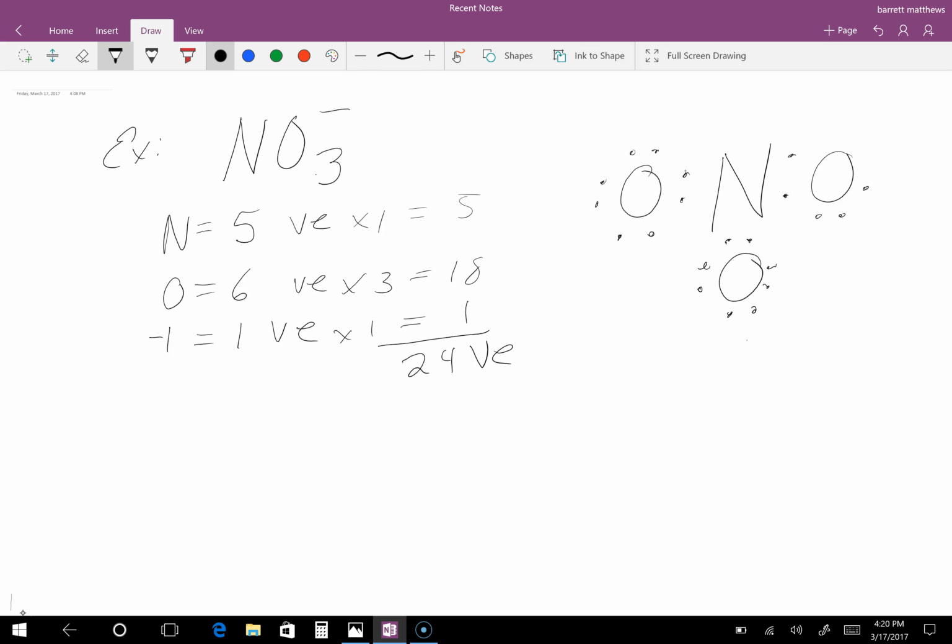Once I have filled in all the electrons there, if there's any left, I can go to nitrogen, but there's none left. I've used them all up. And we can see that nitrogen does not have 8. It only has 6 electrons.